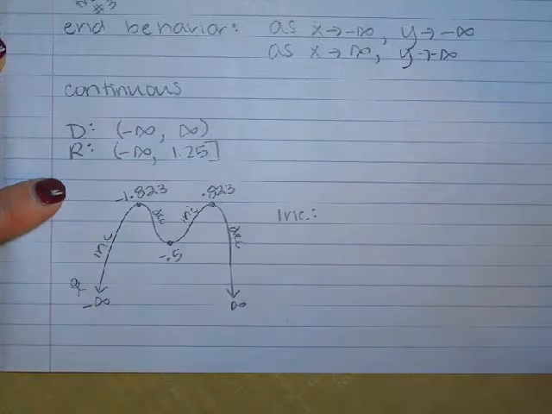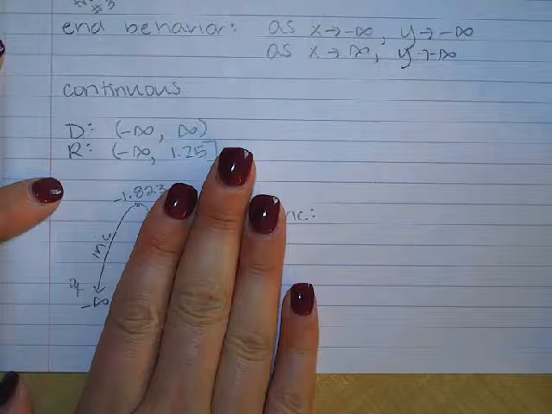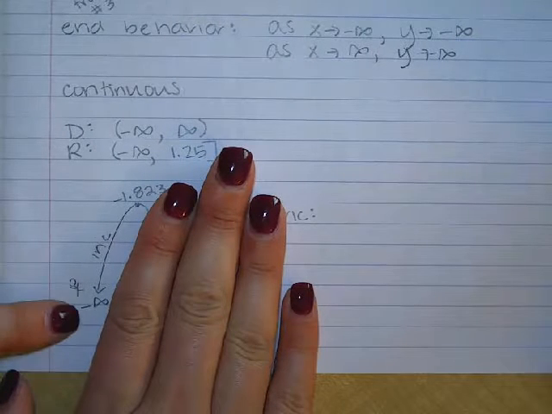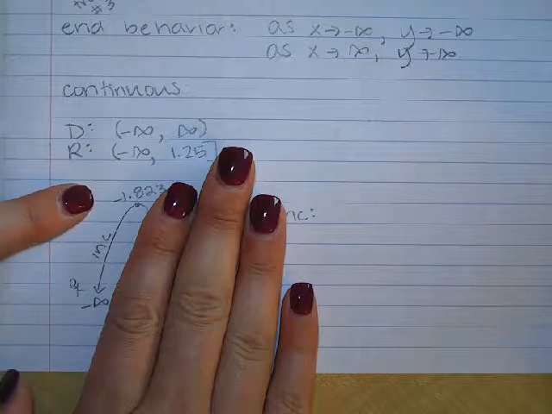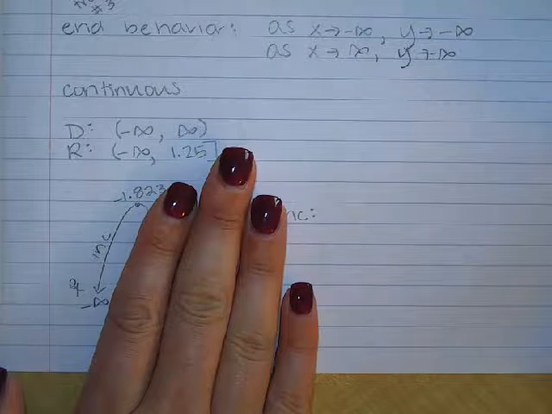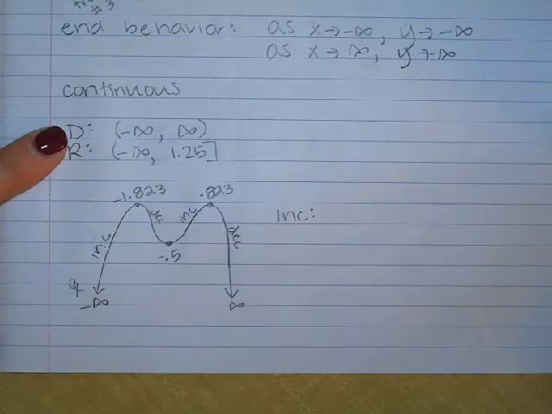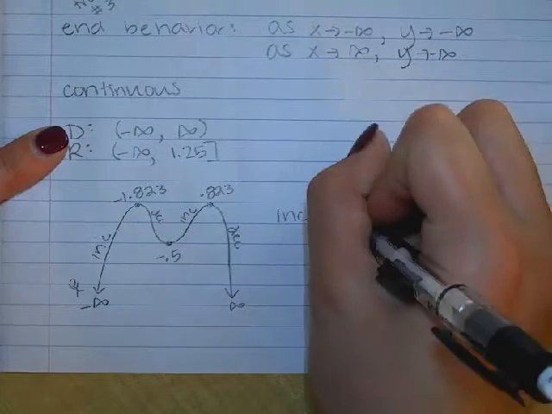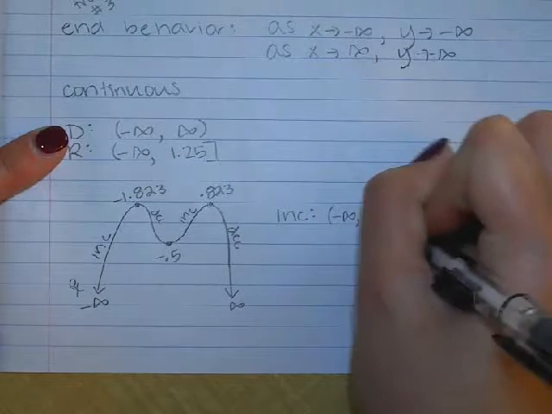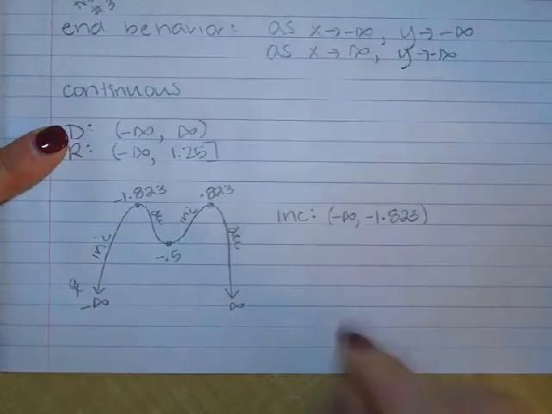So for increasing, there's my first interval right there. What should I write? And should we use parentheses or brackets? Parentheses, always parentheses when we do increasing and decreasing. So I have negative infinity to negative 1.823. That's my first set of answers.